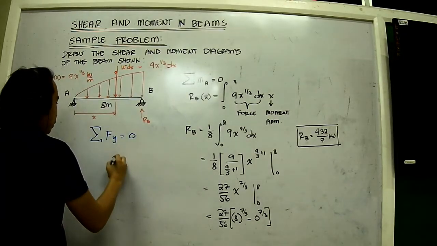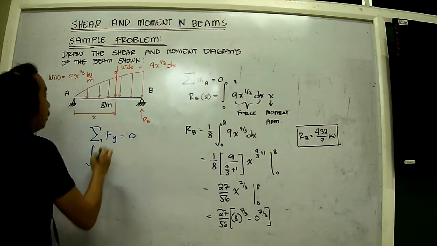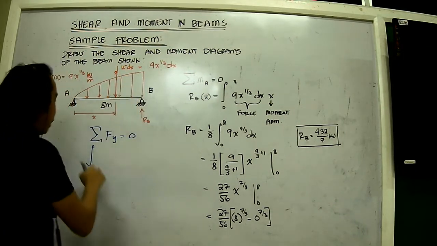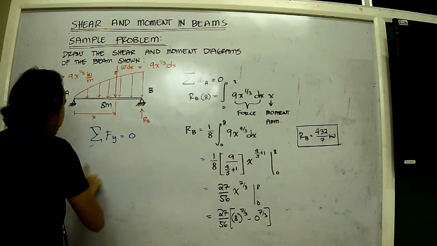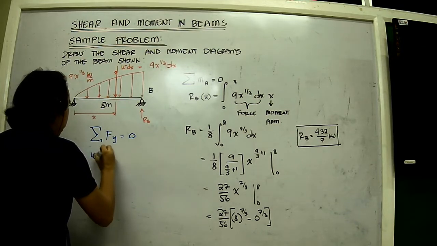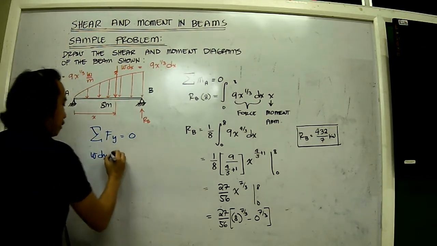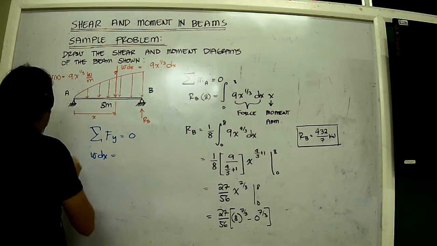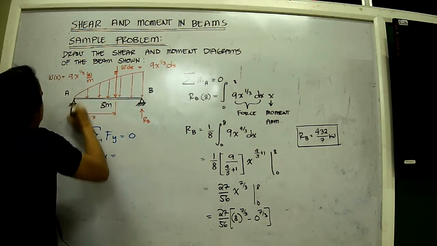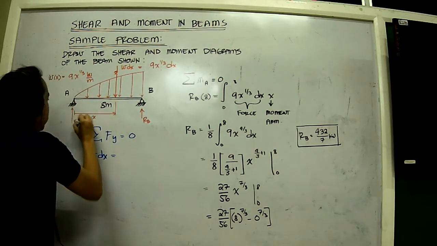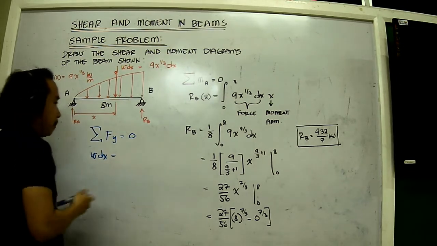Now, this shear is equal to Wdx, so Wdx is going down. RA, however, is going up.